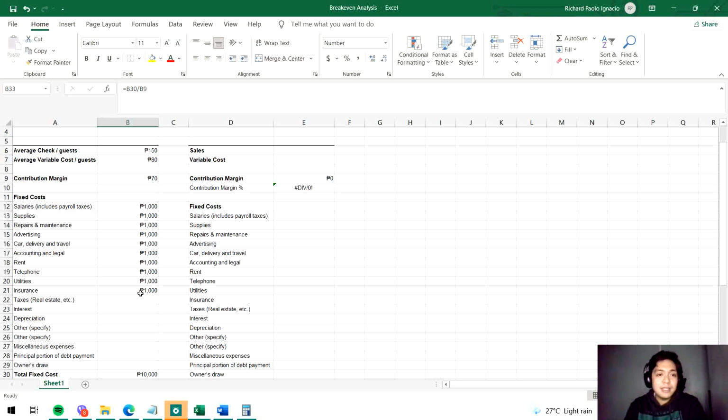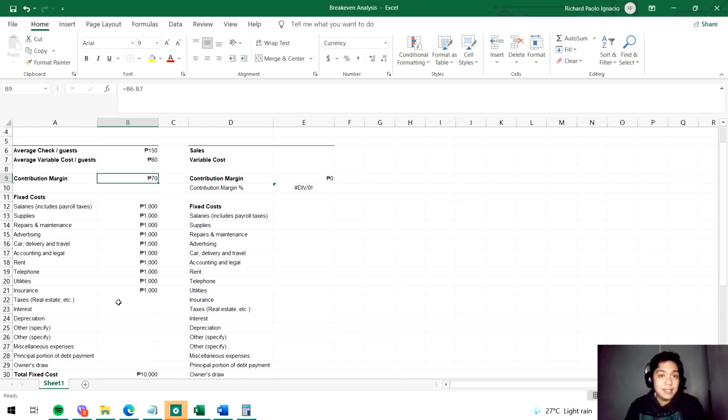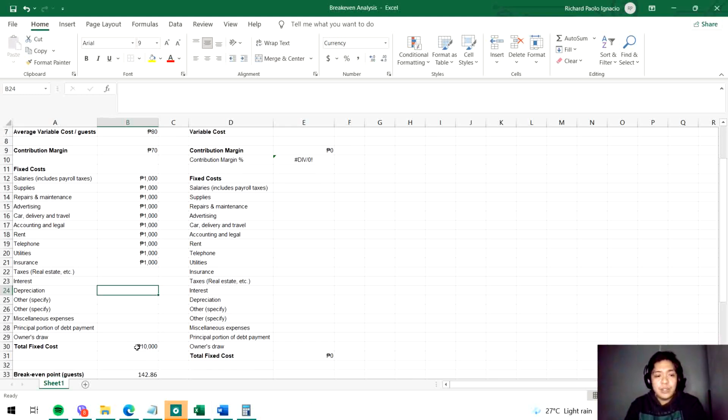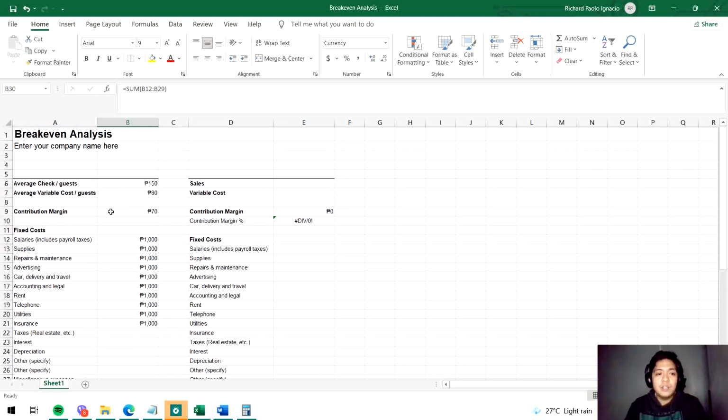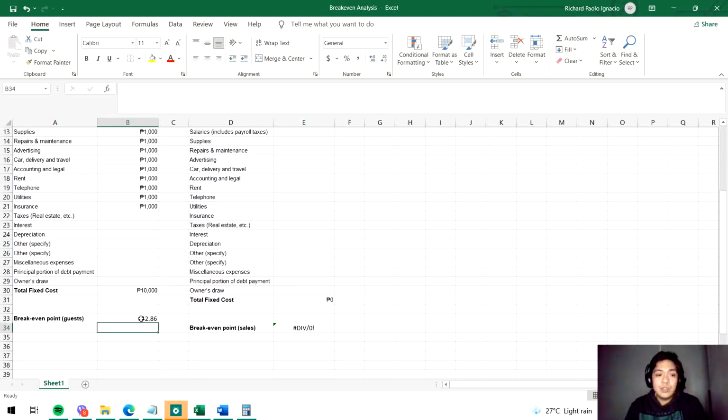Ang gagawin naman natin ngayon na na-identify na natin ang fixed cost at ang contribution margin natin, kung gaano karami ang pwede nating ilaan para panggastos dito, we will now divide fixed cost divided by contribution margin. Lalabas dito ang break-even point per guest natin.